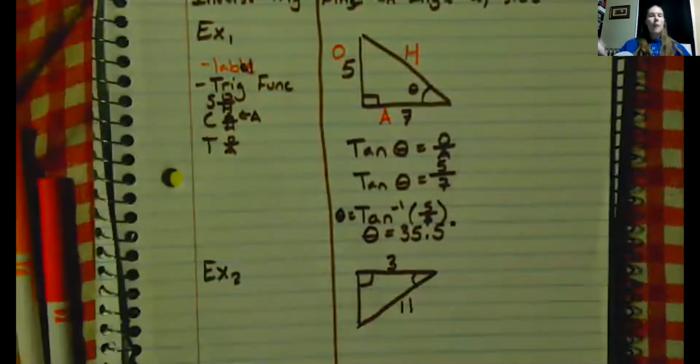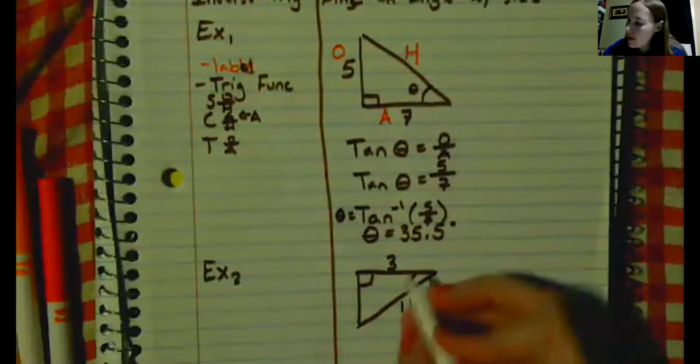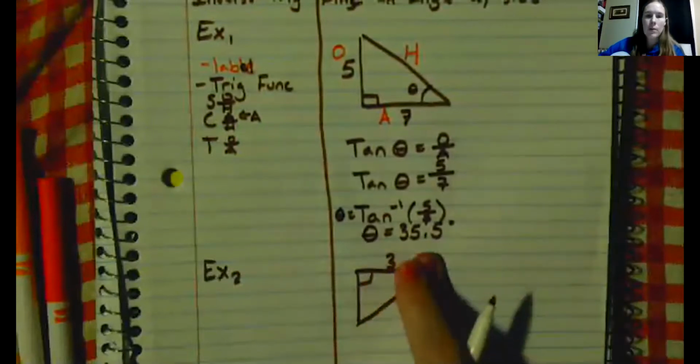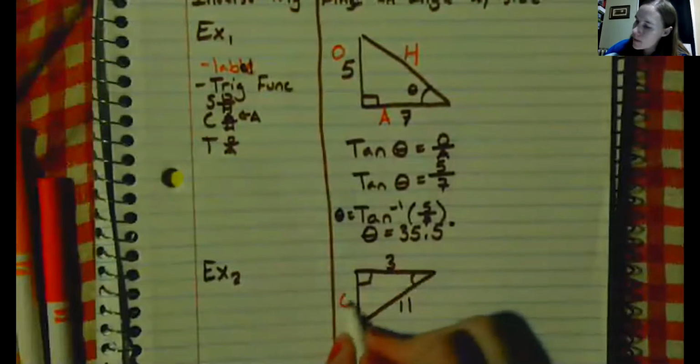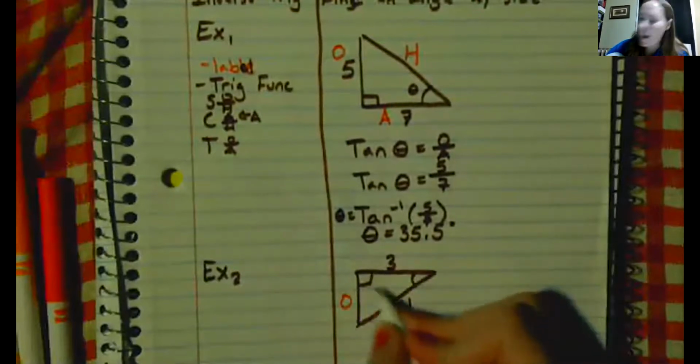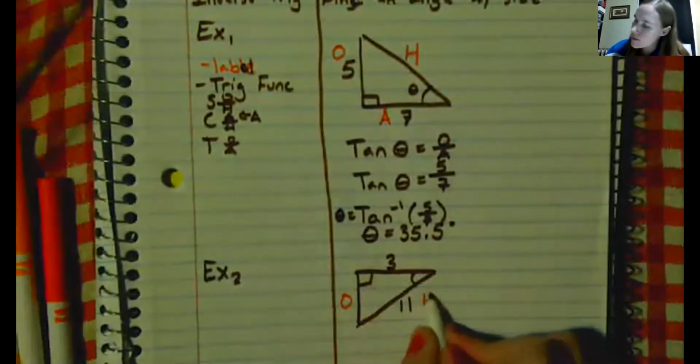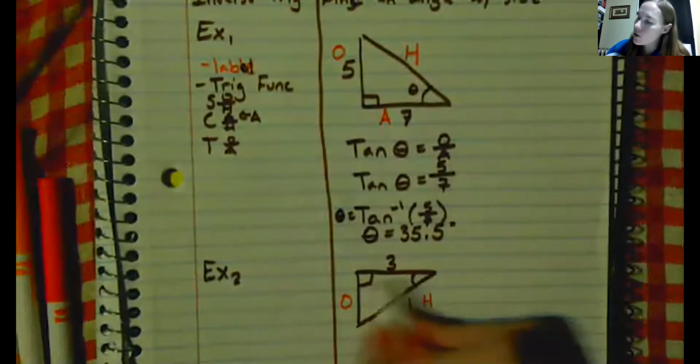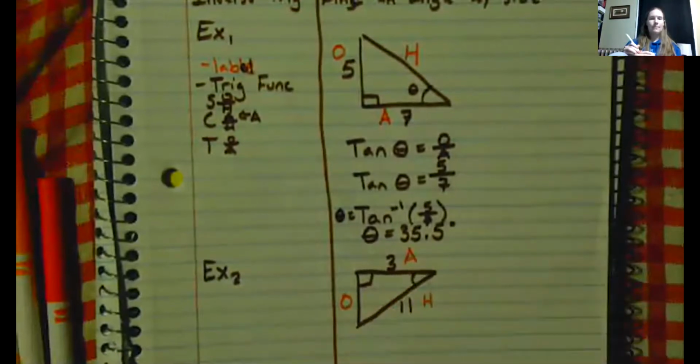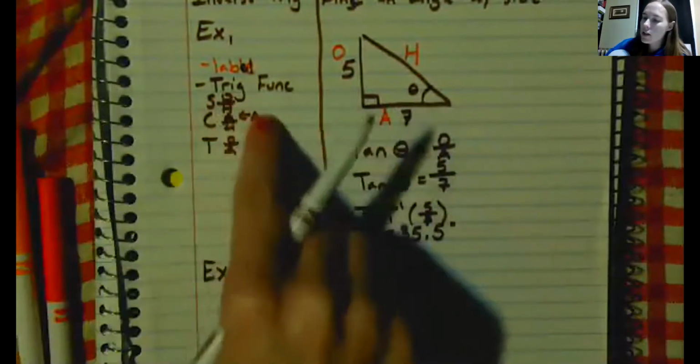First step, no matter if you're searching for an angle or for a side, when you're using trig, you want to label the sides. So I'm going to cover this up. What it's not touching is my opposite. Across from my right angle is my hypotenuse. And between my 2 angles is my adjacent. In this case, the information given to us, we have an A and an H. So we look at our SOHCAHTOA.